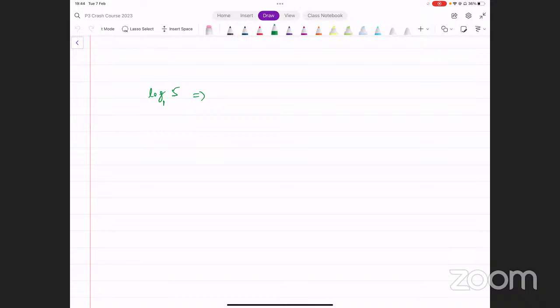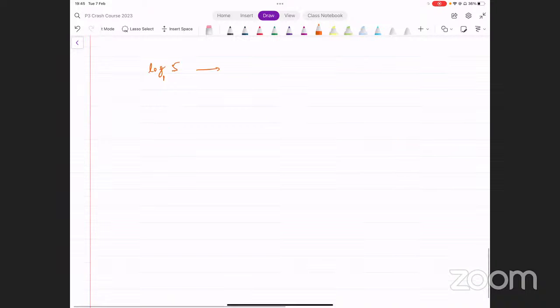What power of 1 should give us 5? Well, there is no such value, right? No power of 1 can give us 5. So this is actually undefined. You don't have any value for this.